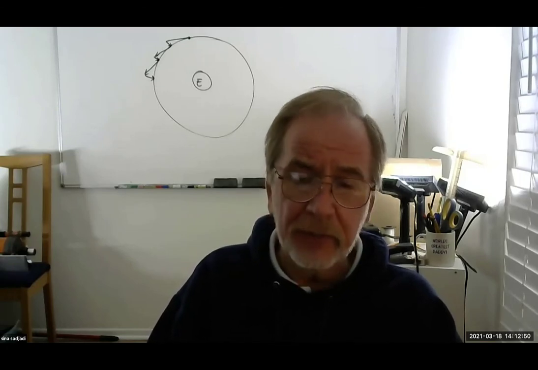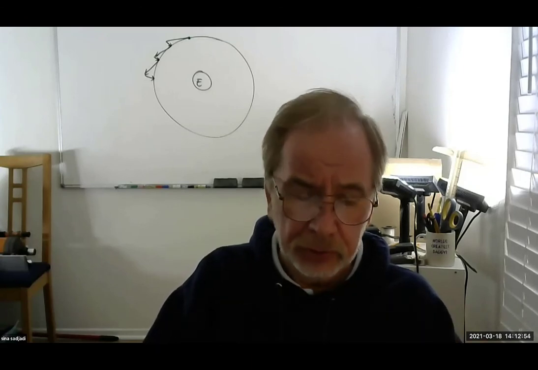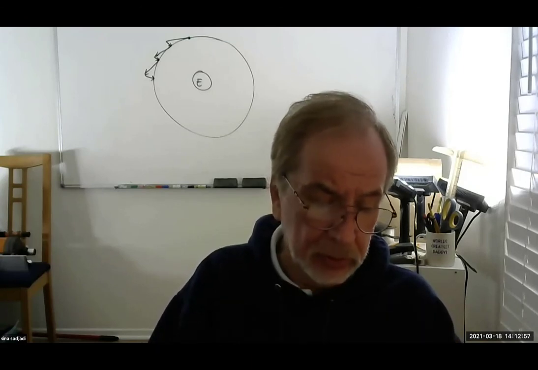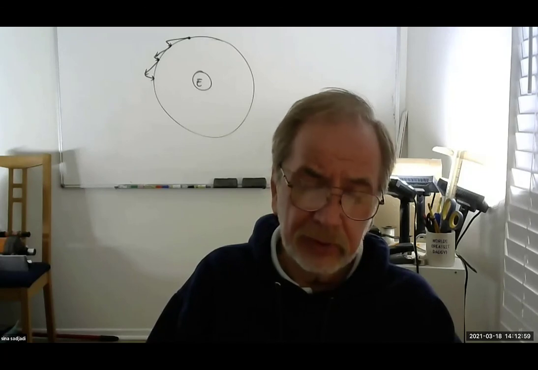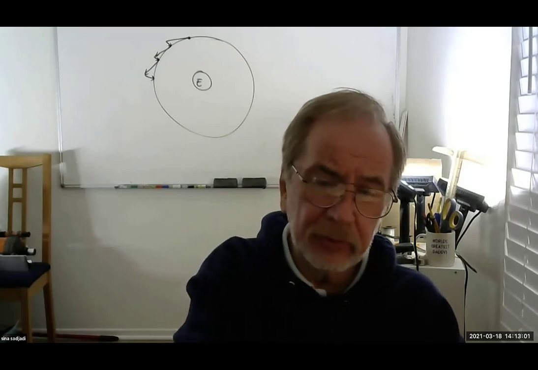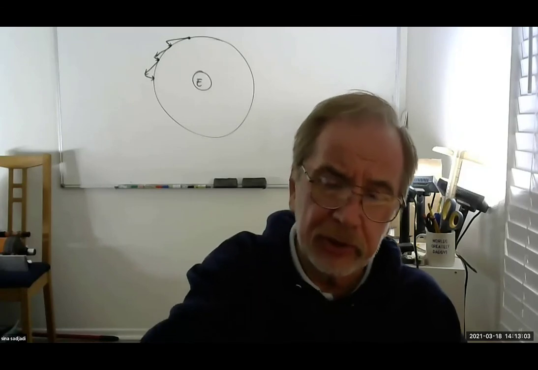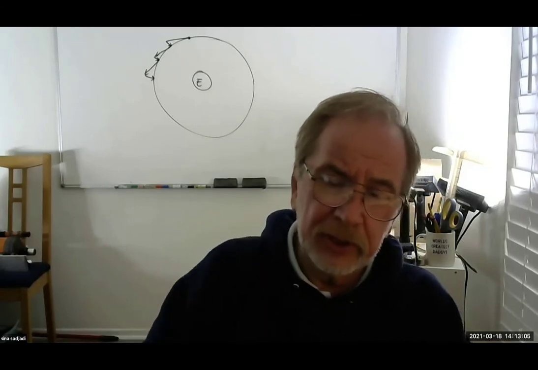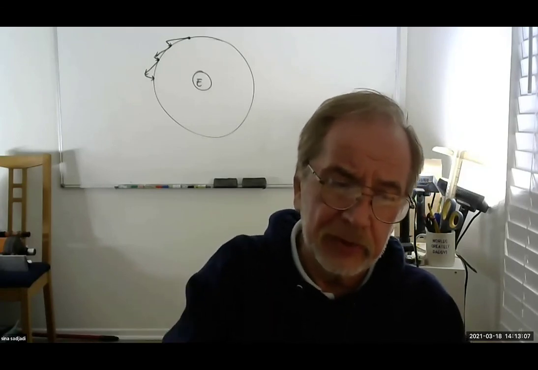And then what kind of mount is the equatorial mount? What does the equatorial mount do? That one has the rotation axis pointing at the north celestial pole, and it rotates in the opposite direction of the Earth with the same speed.